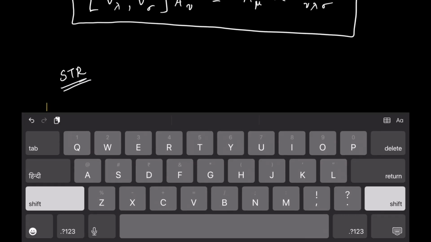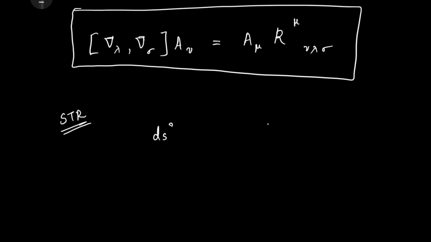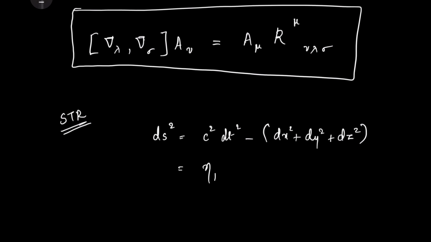the metric is given by ds square is equal to c square dt square, right, minus dx square plus dy square plus dz square. So this can be written as eta mu nu, right? So I have to write summation over mu comma nu from 0 to 3 eta mu nu dx mu dx nu, right?